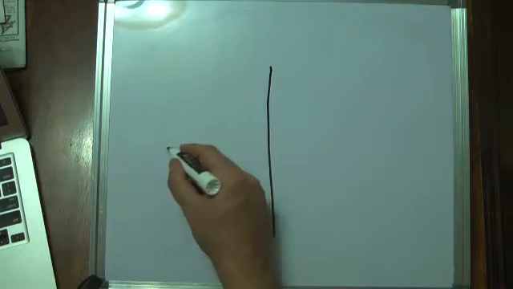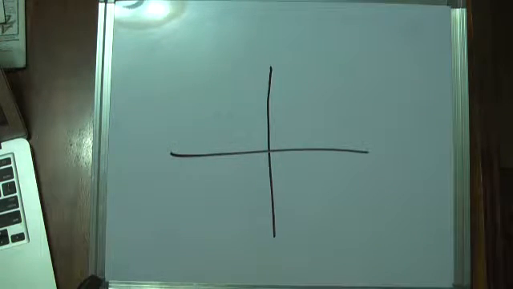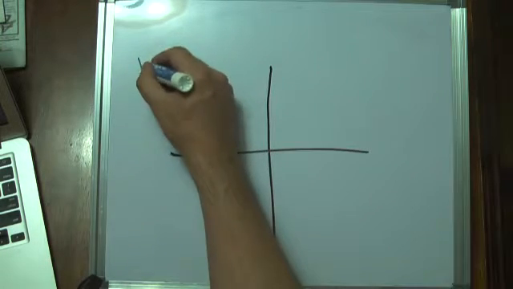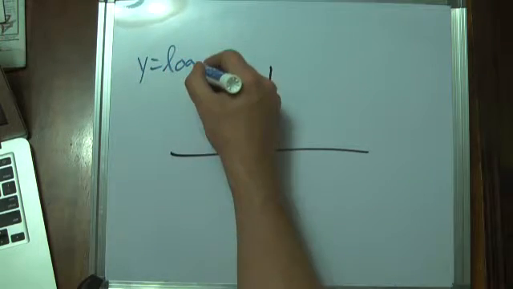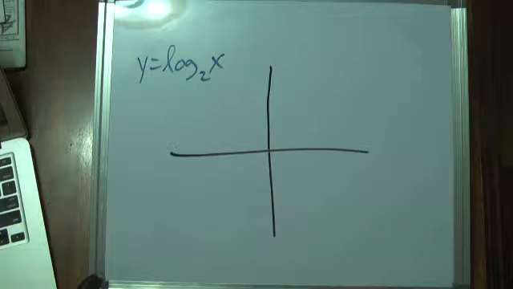Ms. Juarez showed the graphs for the functions y equals log base 2 of x and y equals log base 4 of x. Which conclusion is incorrect? Well, let's look at those graphs. Draw some axes. So we have y equals log base 2 of x, and we have y equals log base 4 of x.